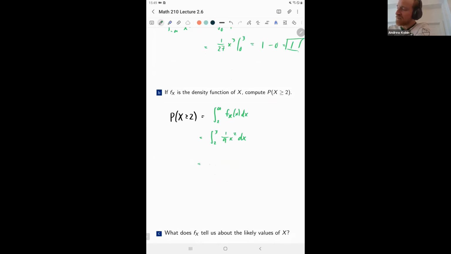It's the same exact antiderivative, 1/27 x cubed, except we're integrating from 2 up to 3 now. So let's see what happens. We will get 27 over 27 is 1 again, and then 8 over 27 is going to give us a total probability of 19/27. And I don't know about you, but I like thinking of these as fractions and decimals if I can. This is about, let's see, 70.4%.